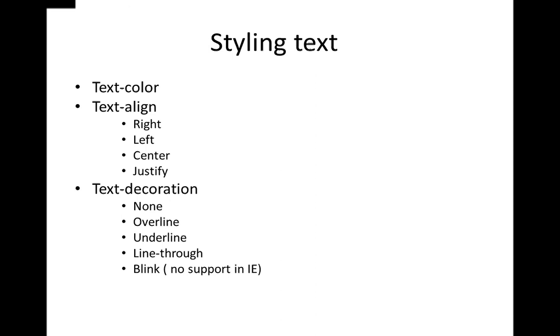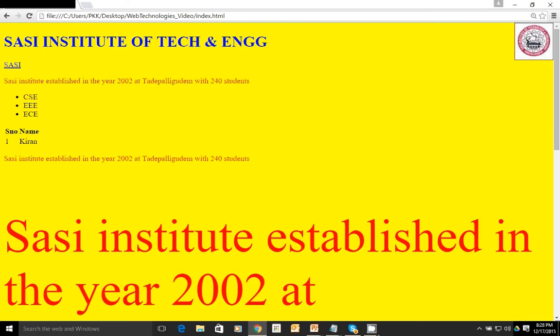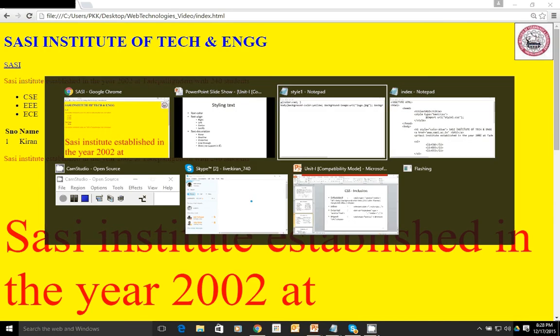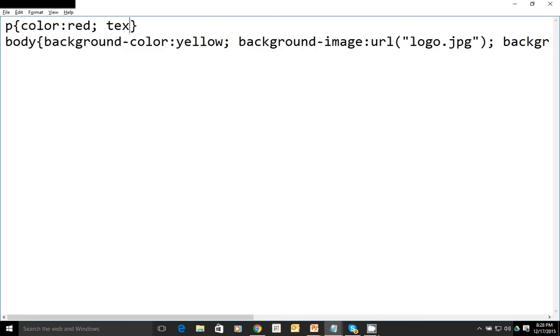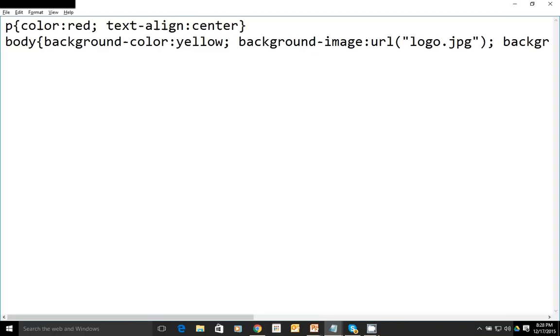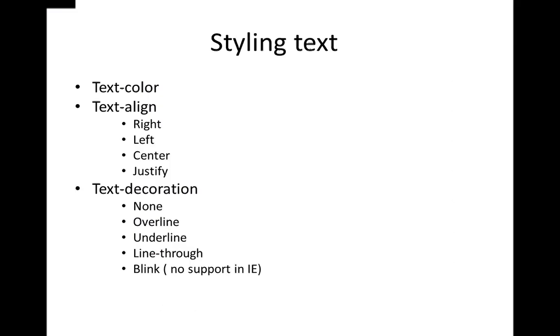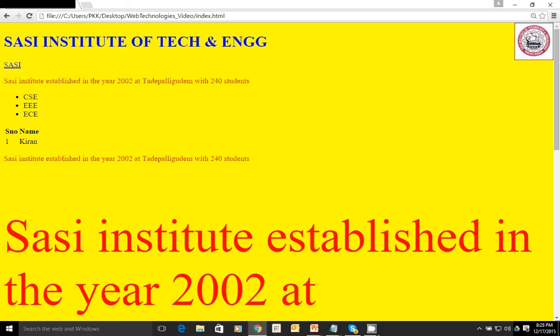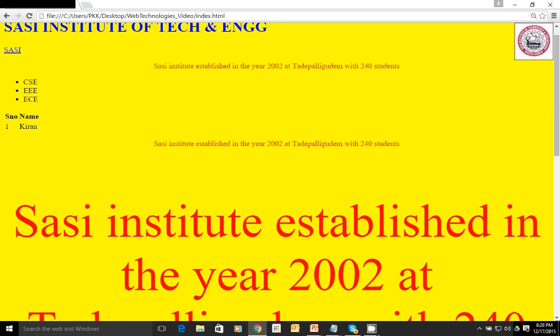The first one we have seen, that is text color. Now the next one is text align. You can say center, right, top, justify. Let's see, all the paragraphs are aligned to the center, isn't it?